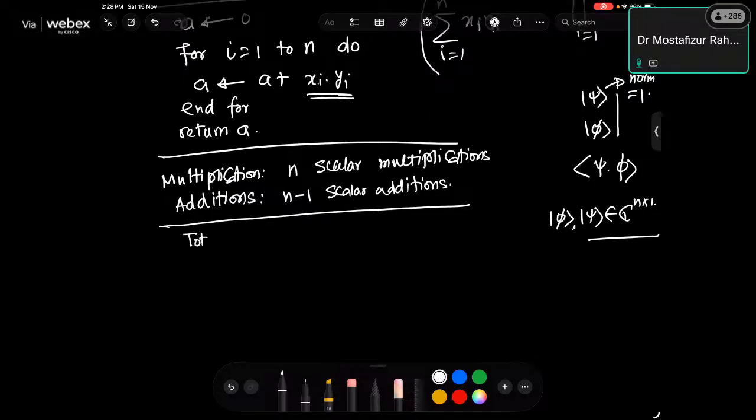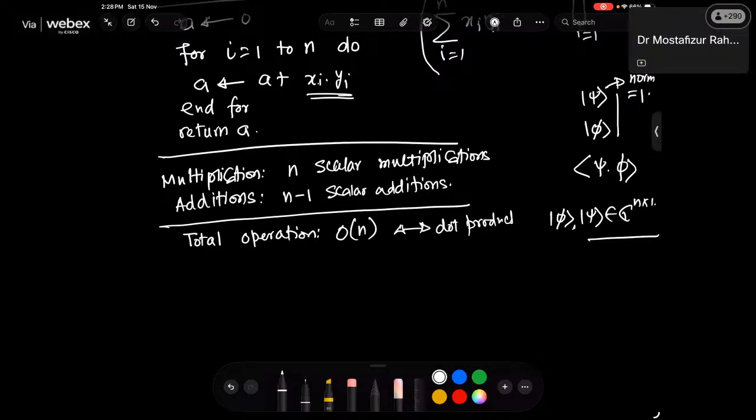So total operations, how many? If you add the total operations, multiplication and addition, n plus n minus 1, that's 2n minus 1, and that is equal to order of n, right? So that's the complexity, the total operation complexity for this dot product. Just simply dot product, right?